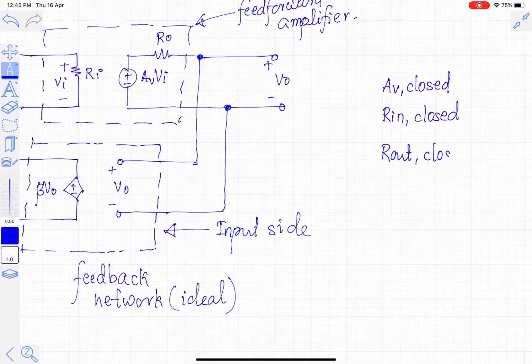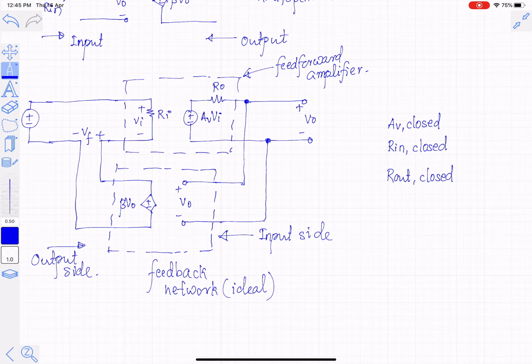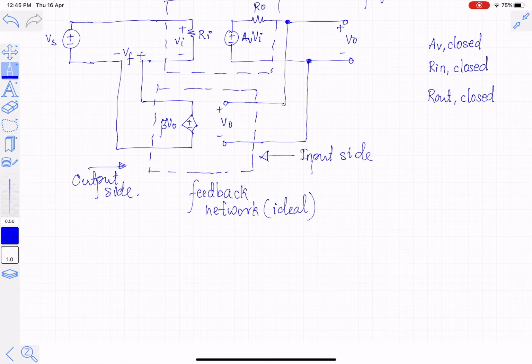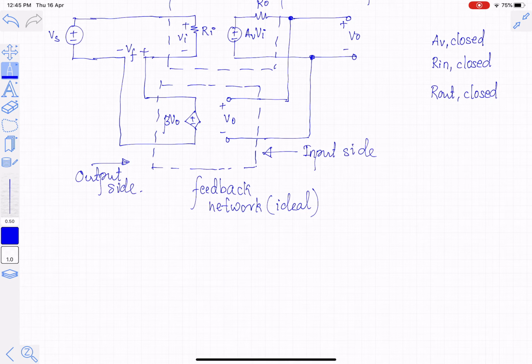We will see the expressions for these three parameters of a voltage amplifier with feedback. These expressions will be used for solving the examples. First we will see the derivation of the closed loop gain, which we call AV closed.